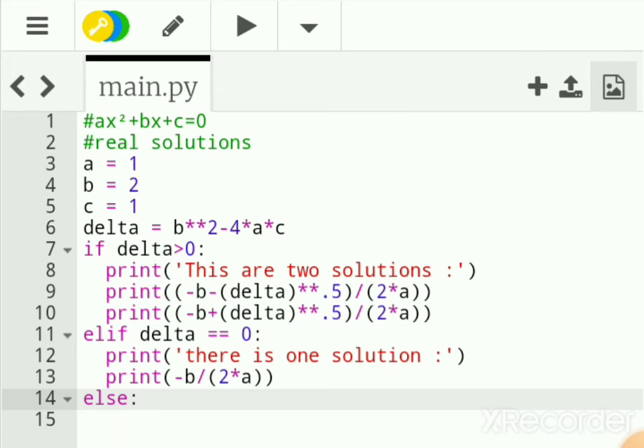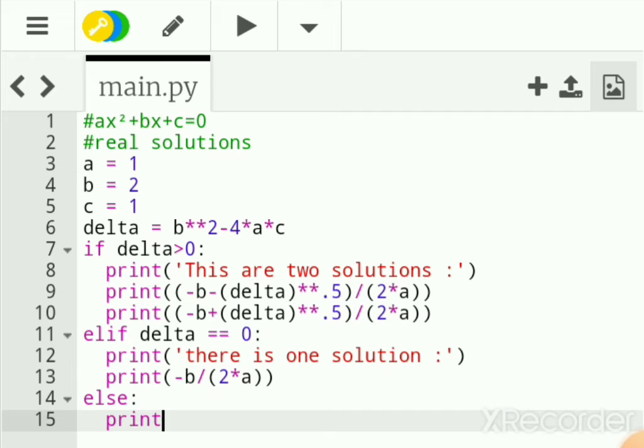So else what? If we have a delta that is not positive, that is negative, we have no real solution.